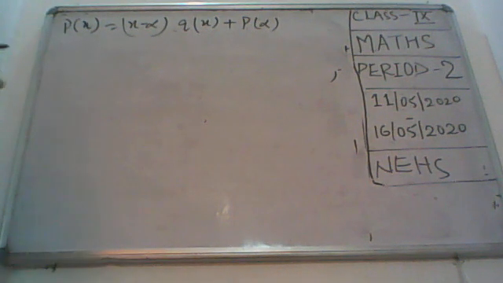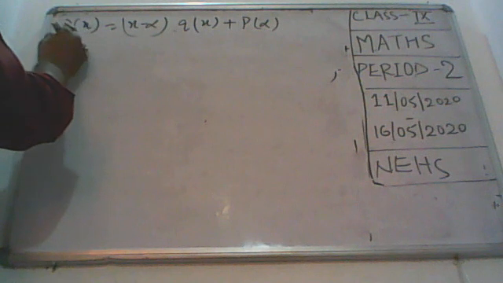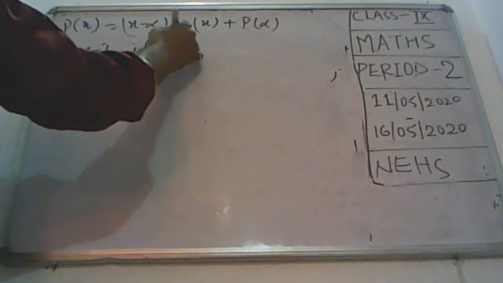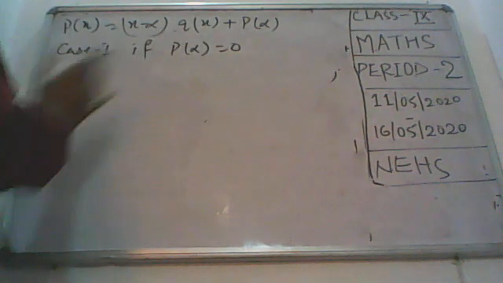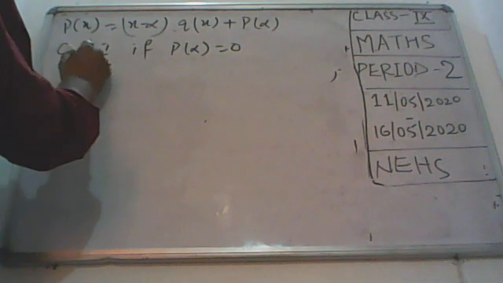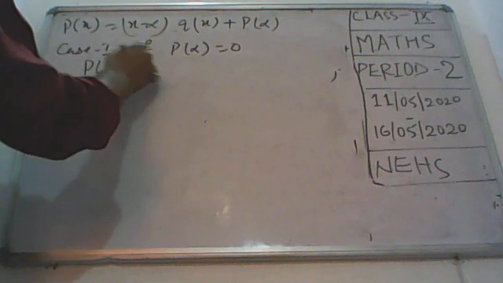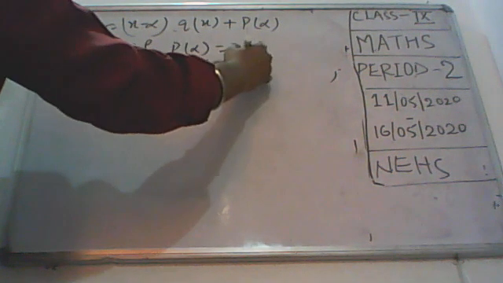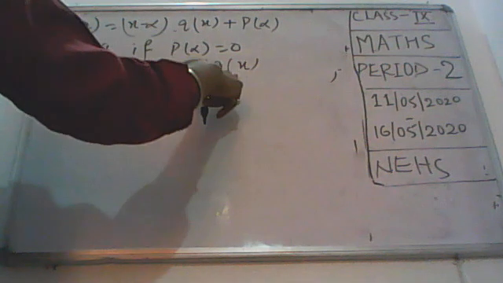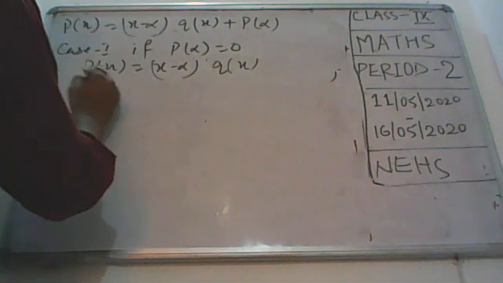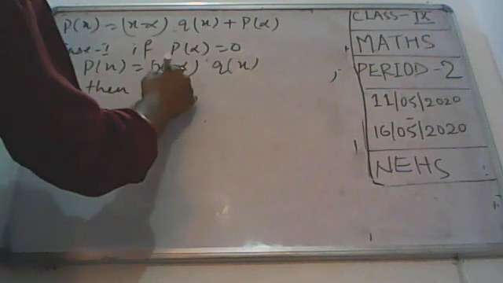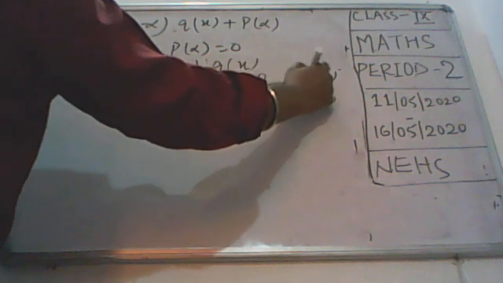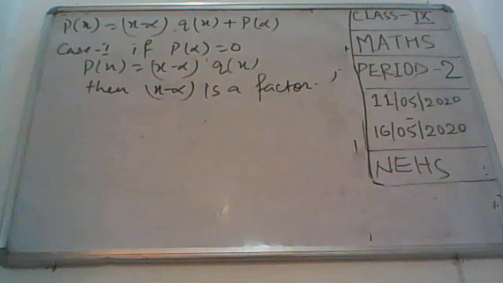So we can write here case 1: if p(alpha) is equal to 0, automatically p(x) is equal to (x minus alpha) into q(x), divided into quotient. Then x minus alpha is a factor here.